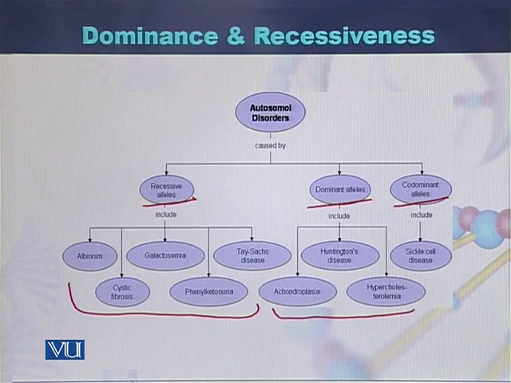While in case of codominance, if both alleles are present, like in case of sickle cell disease or in case of AB blood group in humans, then that is called a codominant allele. So autosomal disorders can be divided into three types: those diseases which are due to recessive alleles, those due to dominant alleles, and those due to codominant alleles.